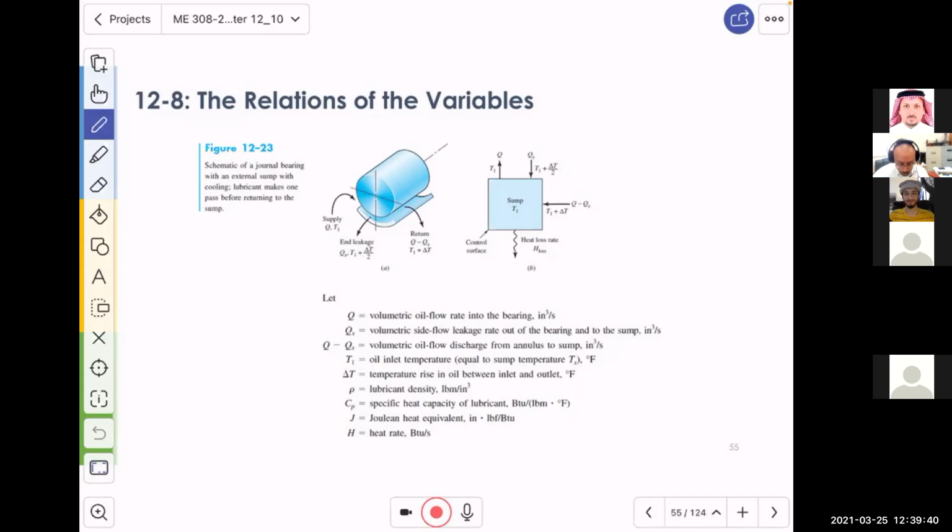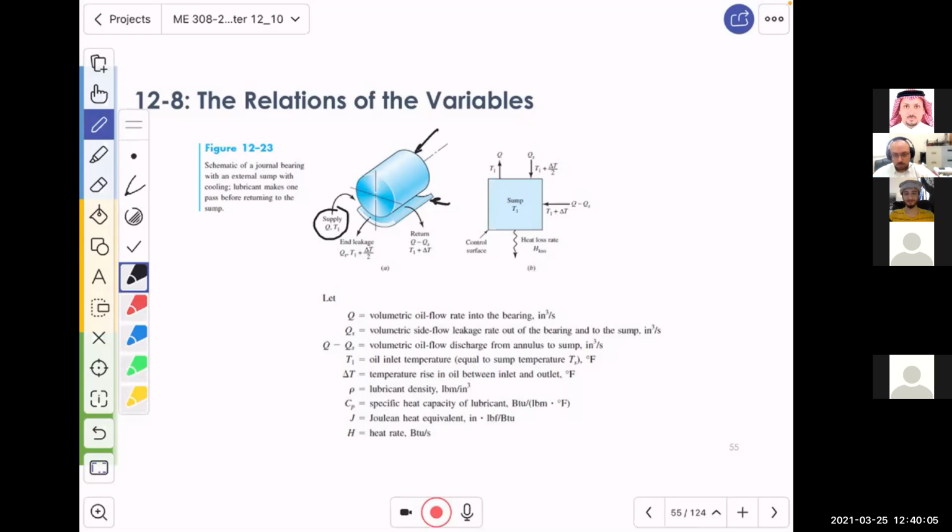So here, we're assuming that we have the journal bearing right there. And this is the journal, and this one is the bushing of the bearing. So in simple terms, we're going to say that this is the supply. We're supplying the oil, just like what Reynolds imagined. There is a flow.